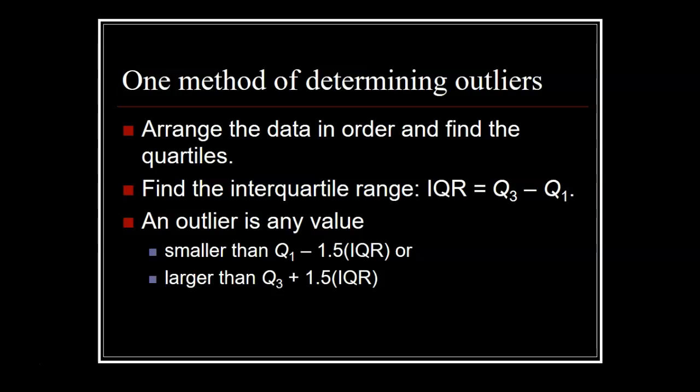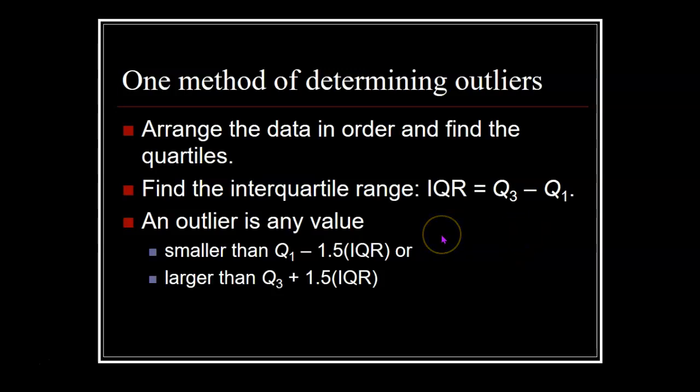But the interquartile range is how far apart the two quartiles are, the Q3 and the Q1. So you subtract those, Q3 minus Q1, and then an outlier is any value that's either smaller than Q1 minus 1.5 times the interquartile range, or it's larger than Q3 plus 1.5 times the interquartile range.